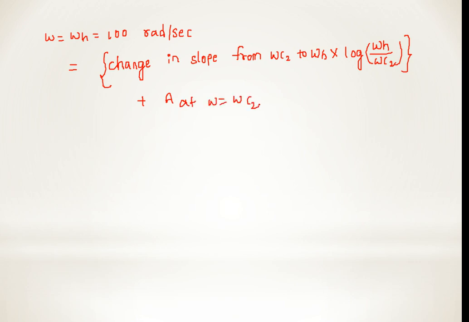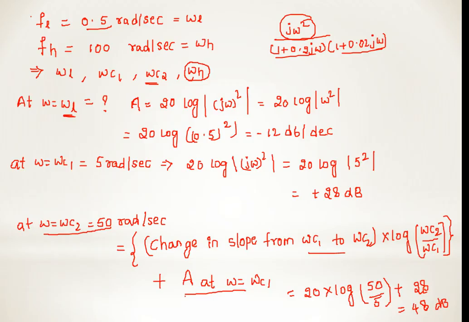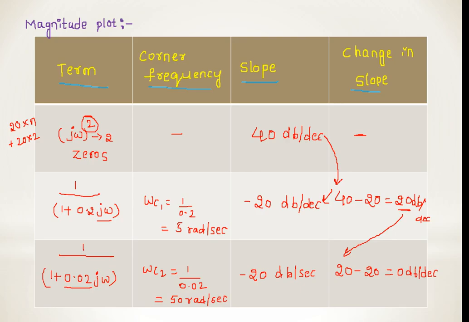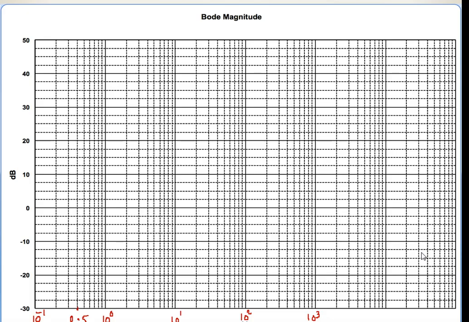So once again go back to the table. What is the change in slope here? The change in slope here is 0 decibels.